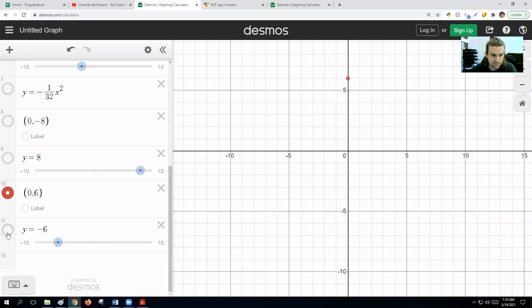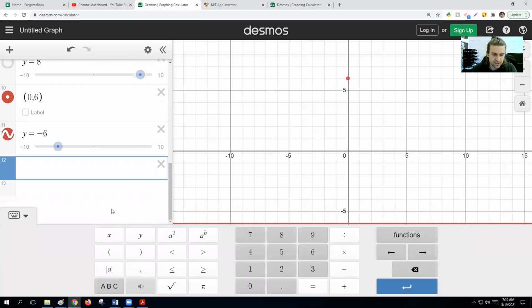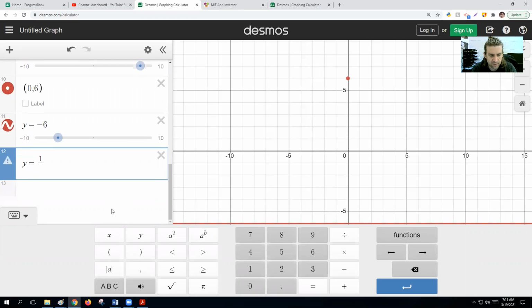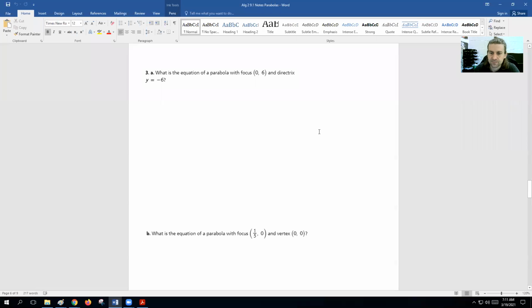So that one's down there. I'll make that red as well so we can all see. And then our guess was, not doing all the work here, we get y equals 1 over 24x squared. All right, the graph opens up, it goes around the parabola, and the vertex is right at 0, 0. So there we go, that's the shortcut, it works.